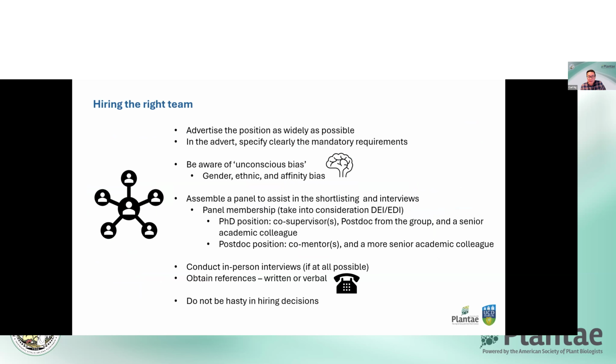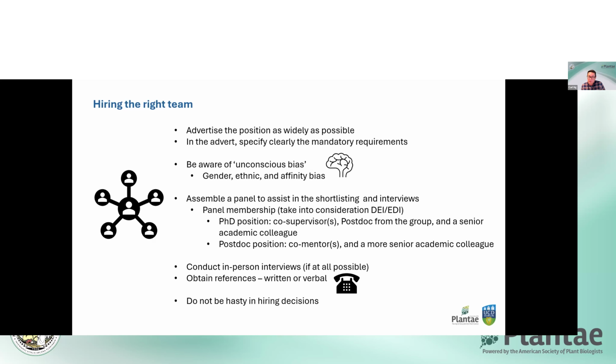Of course, when you advertise as widely as possible, it's also important to specify very clearly what the requirements for the position are. This will vary whether you're looking for a PhD student, a postdoc, or a research fellow. So be very specific in what you're looking for. That really helps the candidates that are applying, and it also helps you manage the number of applicants.